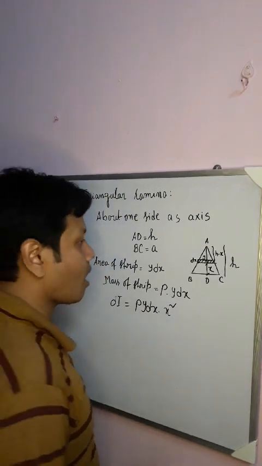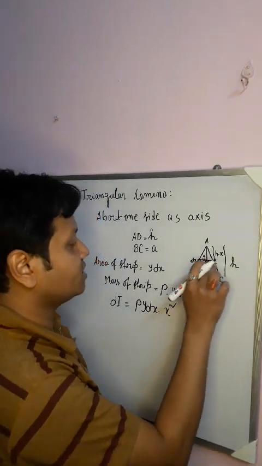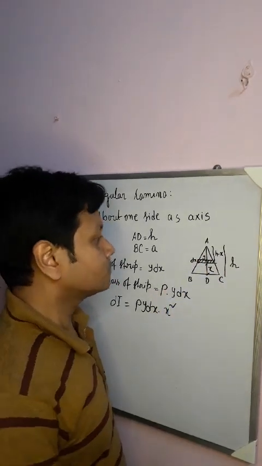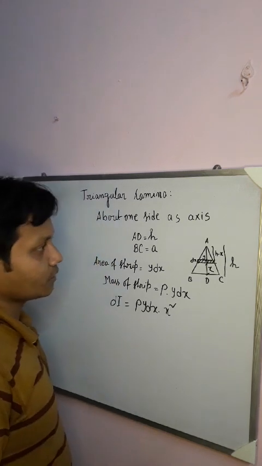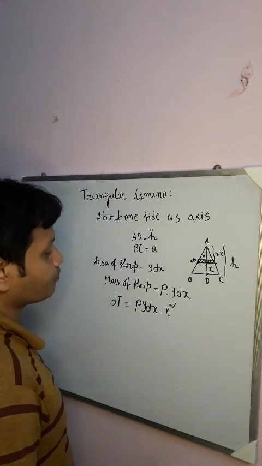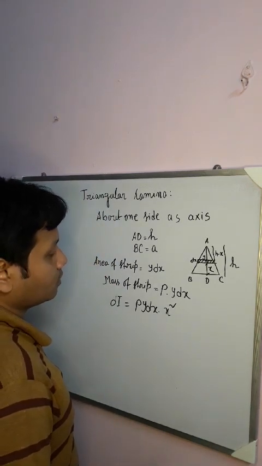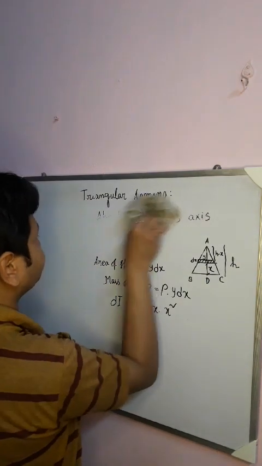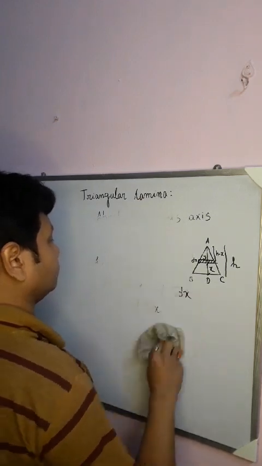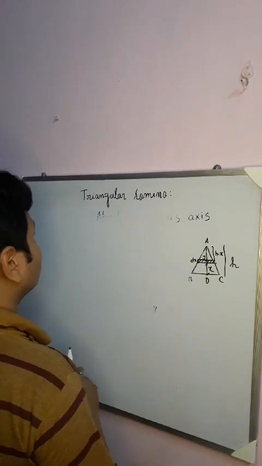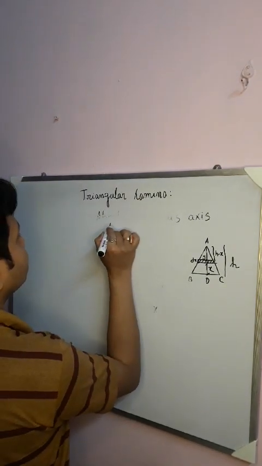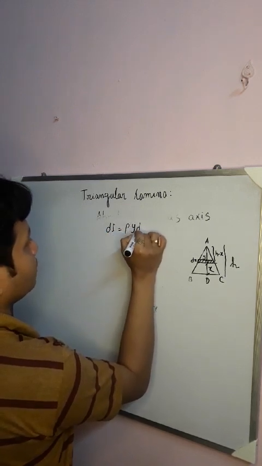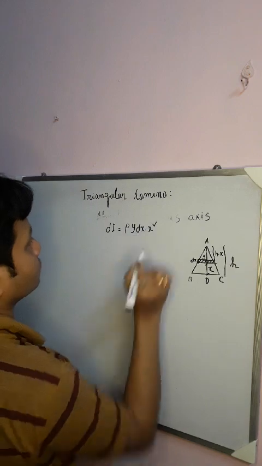So this is the moment of inertia of the elementary strip of width dx and length y. We find dI equals rho into y into dx into x square.